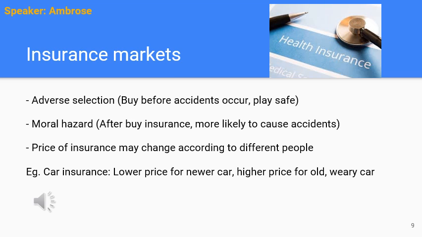For example, if you buy medical insurance and people already know they have insurance covering medical expenses, they are less careful to avoid getting sick.